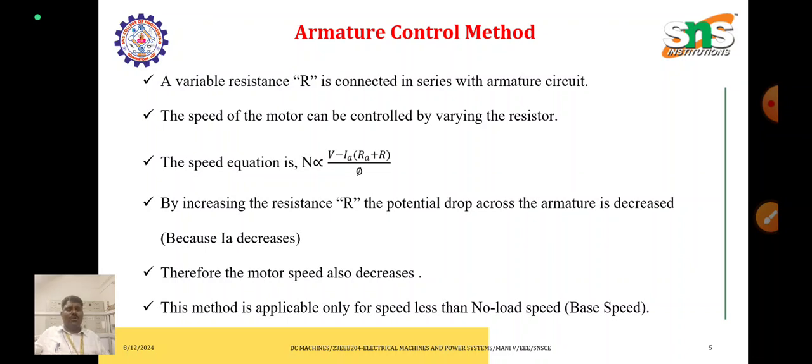Therefore the back EMF is very low, divided by some amount of flux. The flux is always constant, so the back EMF is very low and the speed is also very low. If you decrease the resistance, the current increases, so the back EMF also increases, and the motor speed changes.